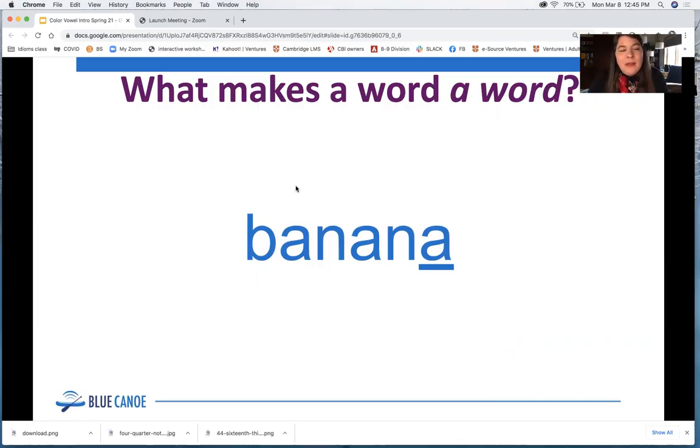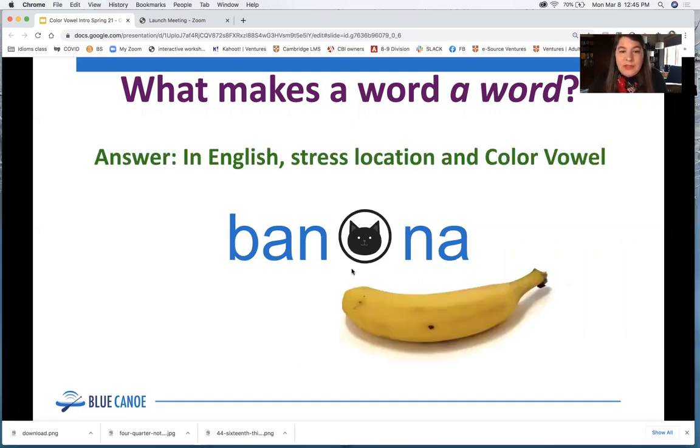If you say, I want a banana for lunch, nobody understands you. This is a word in English, but the other versions are not words in English. So in English, stress location and color vowel is what makes a word a word. If you get this wrong or this wrong, people don't understand you.